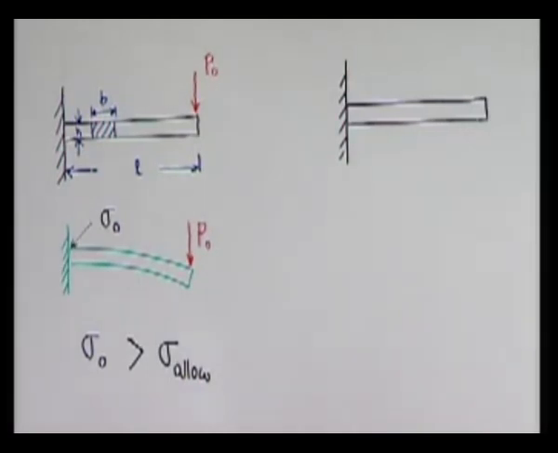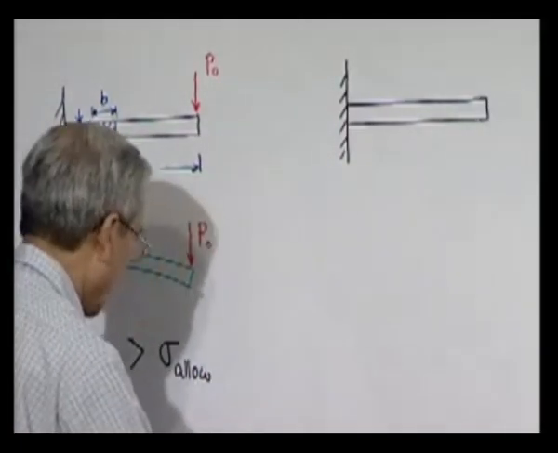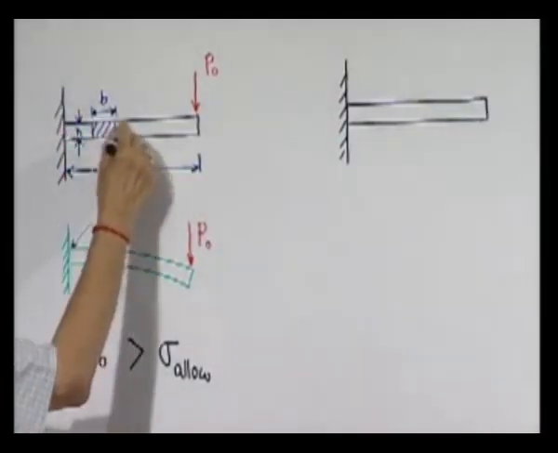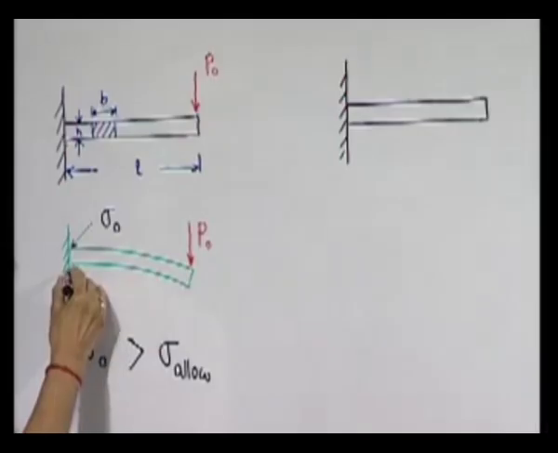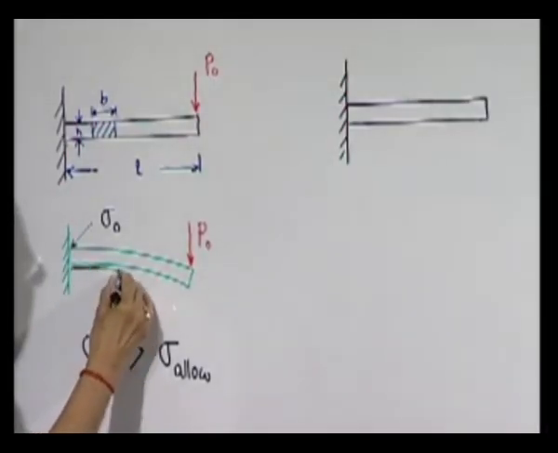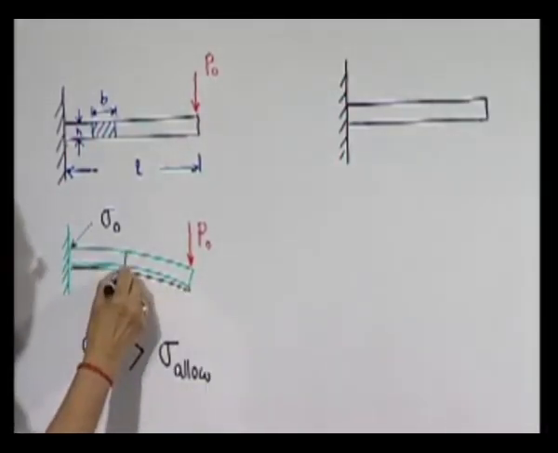So from our experience in simple machine design courses, we know that the simplest possible way to take care of this will be that rather than having a beam of height h, we may slightly increase the thickness. That means what we can do, we may increase the thickness.